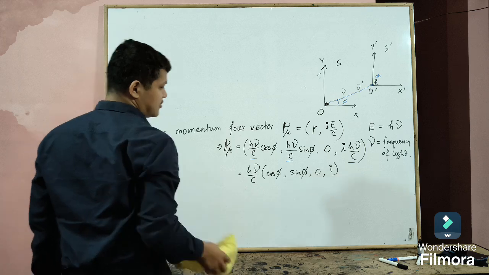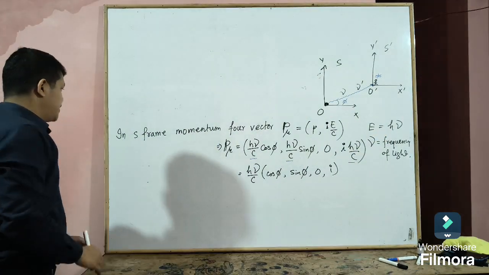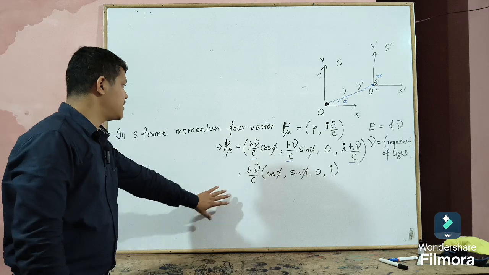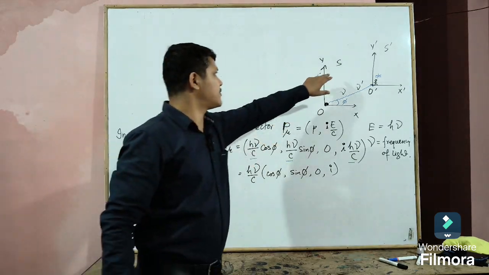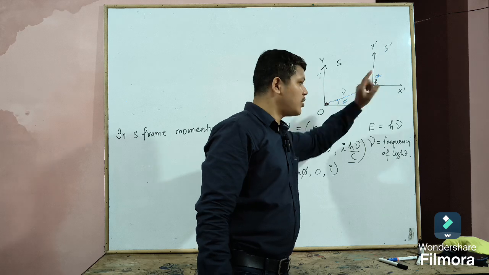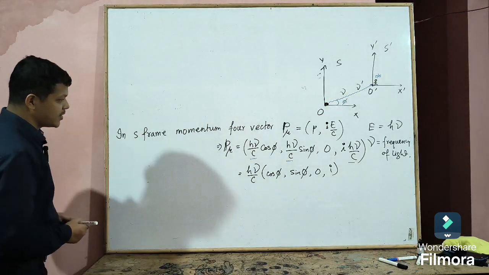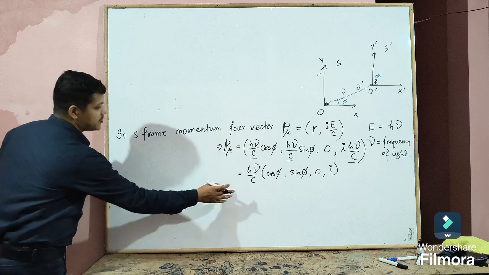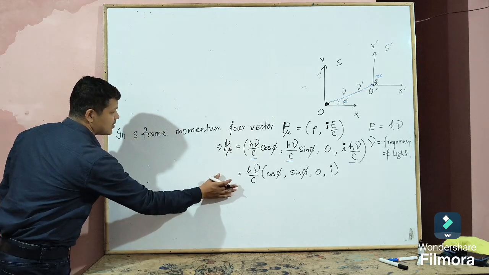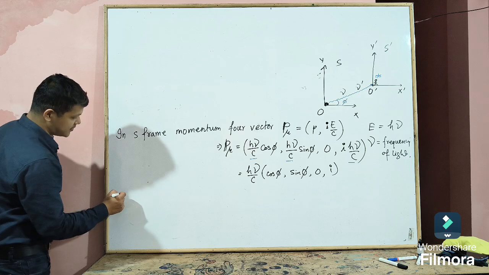Now you see, all these things I have written with respect to the S frame. Now let me write these things with respect to the observer, that means in S dash frame. From this, if you have written this, then just write first.